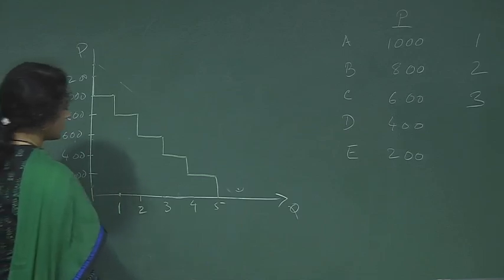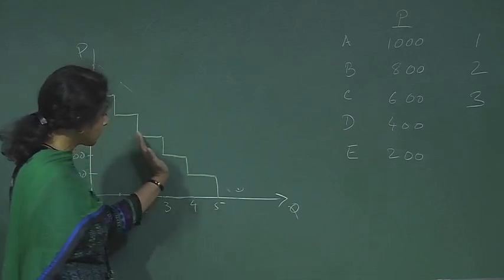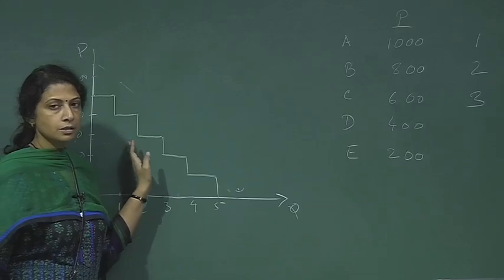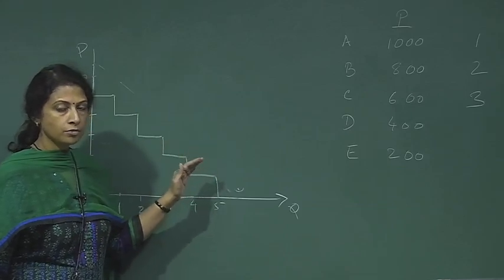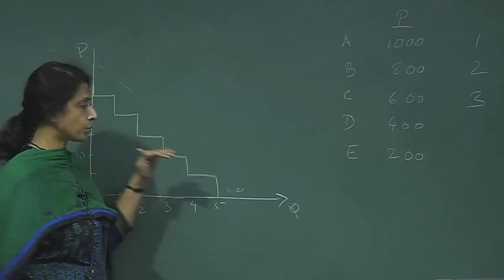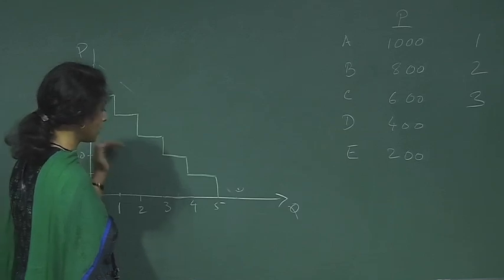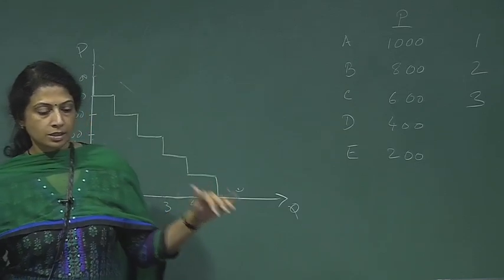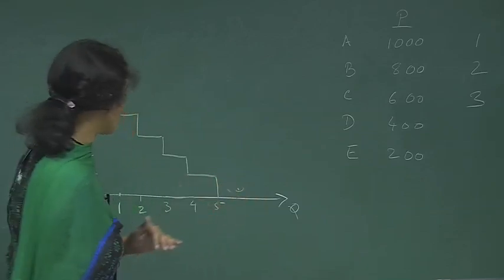So basically this step diagram that I have drawn from here, this kind of looks like the demand curve. It's a negatively sloping curve, where when the price is falling, the amount demanded is increasing.